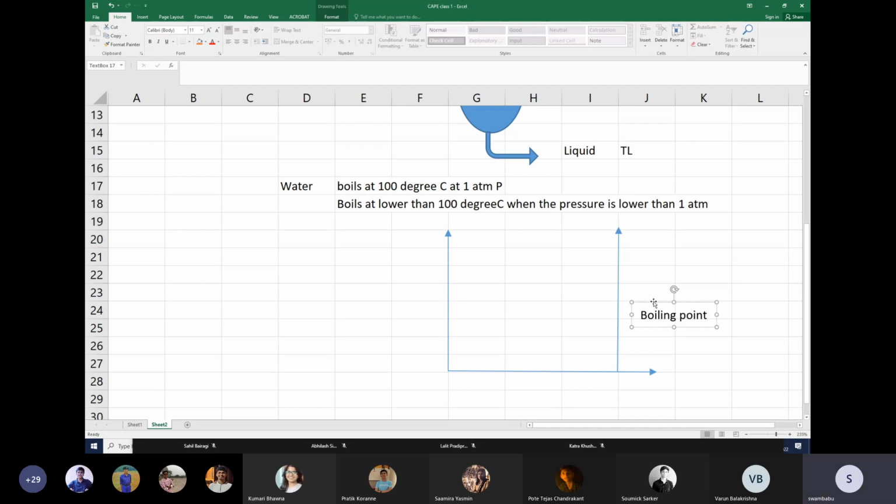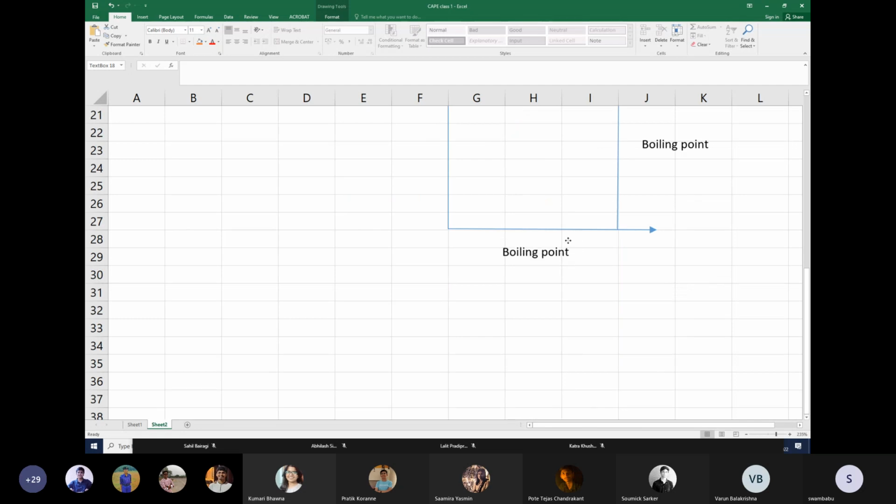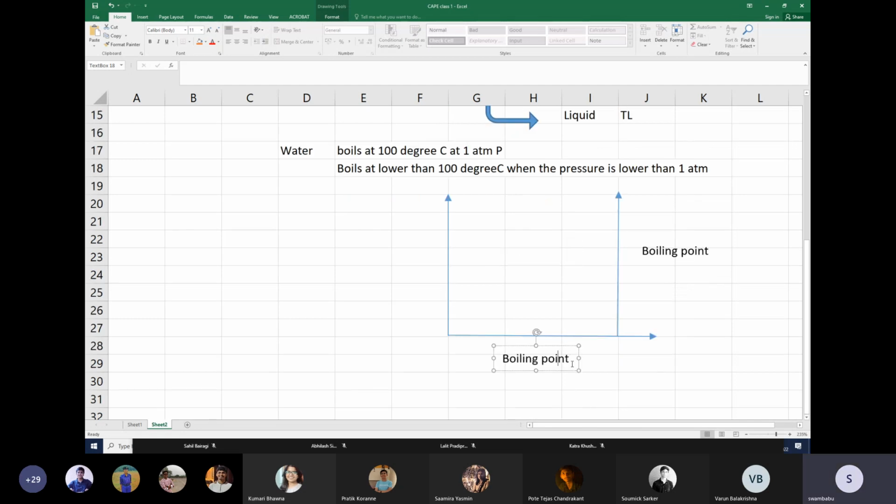Boiling points in the y-axis. Mole fractions in the x-axis. Mole fraction of what do we usually represent in the x-axis? We have two components A and B. Mole fraction of which one?